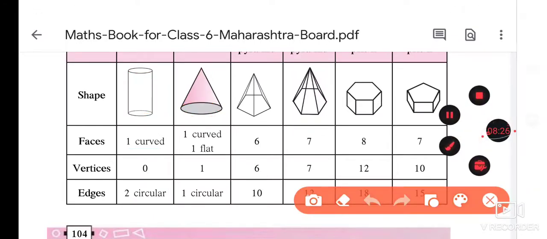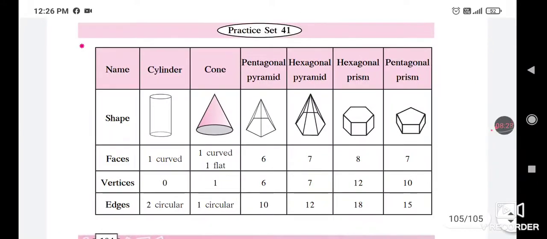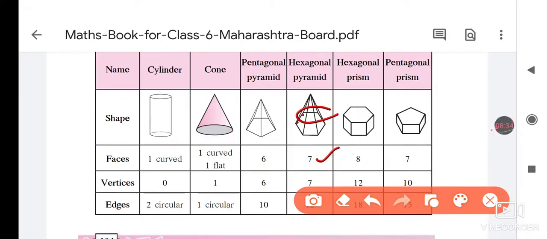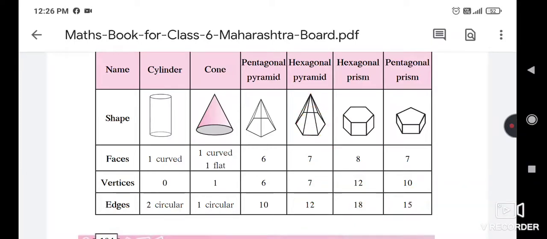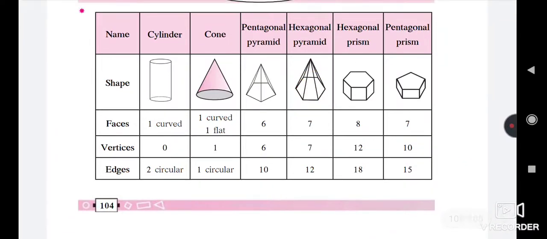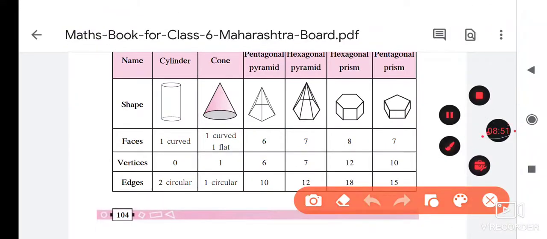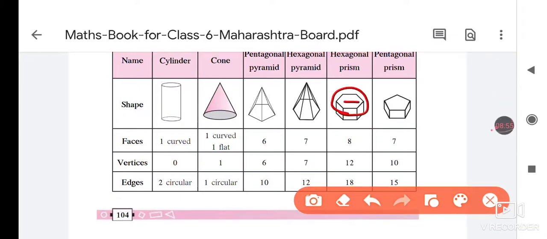Now next we will see the hexagonal prism. The hexagonal prism has above 6 and 1, so 7 faces are there. Vertices 1, 2, 3, 4, 5, 6 and 7 are there, and edges above 6 plus downside 6, so 12 edges are there. The hexagonal prism has how many faces? 8 faces are there, meaning the sides curved 6, and above 1 and below 1.